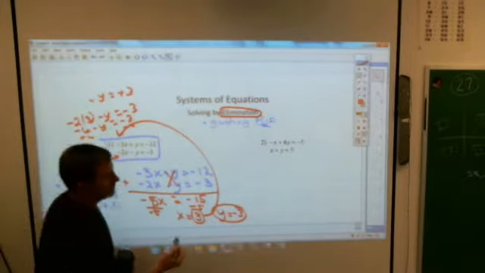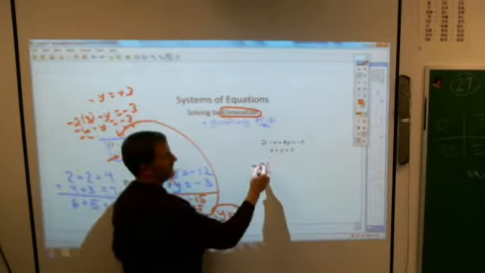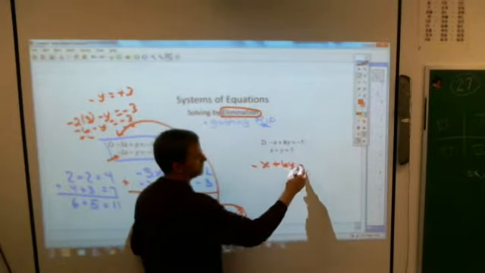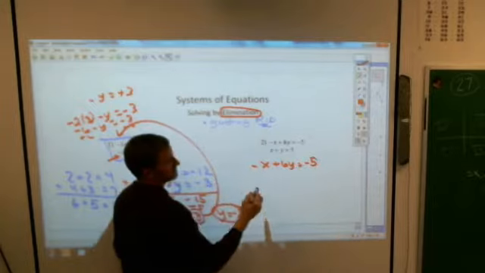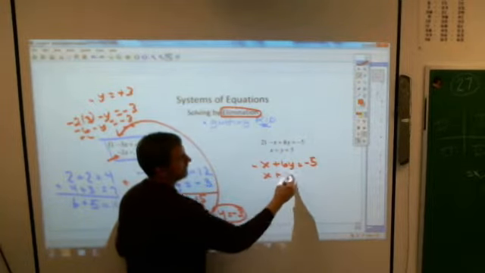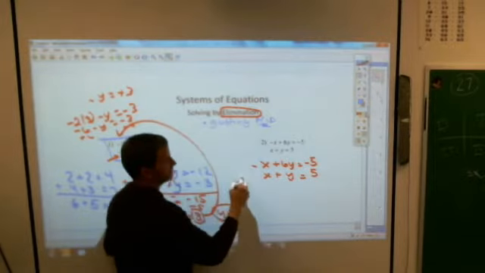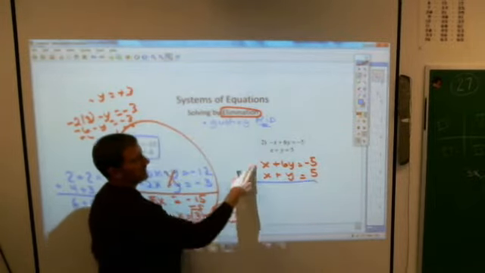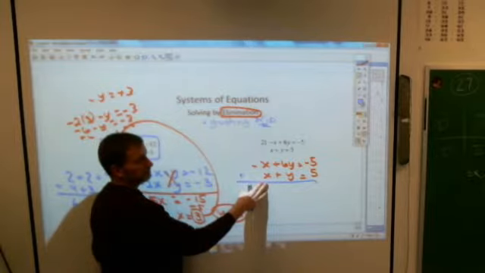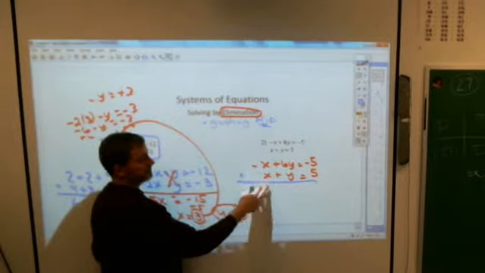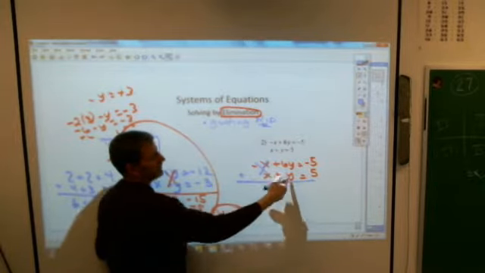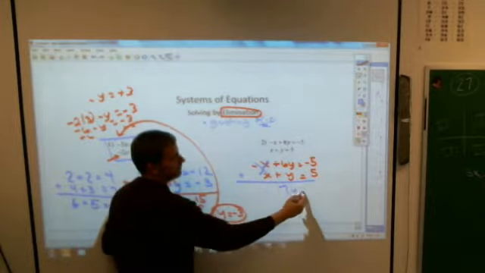Now let's look at number 2. Same exact thing, right? What happens when I add them together? What is negative x plus x? Nothing. 6y plus y is 7y.